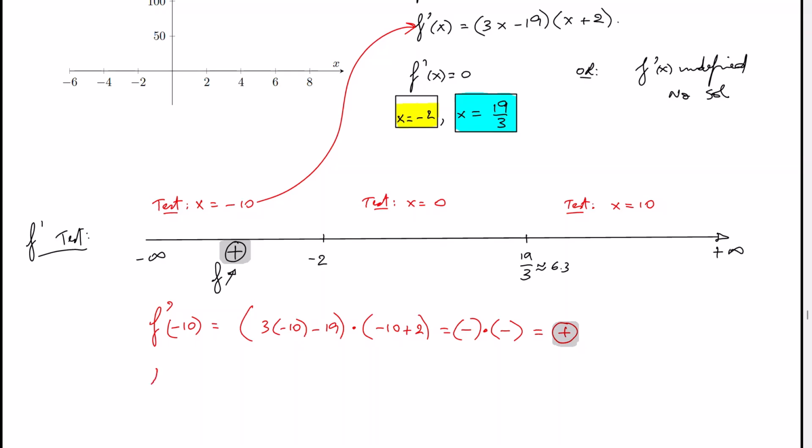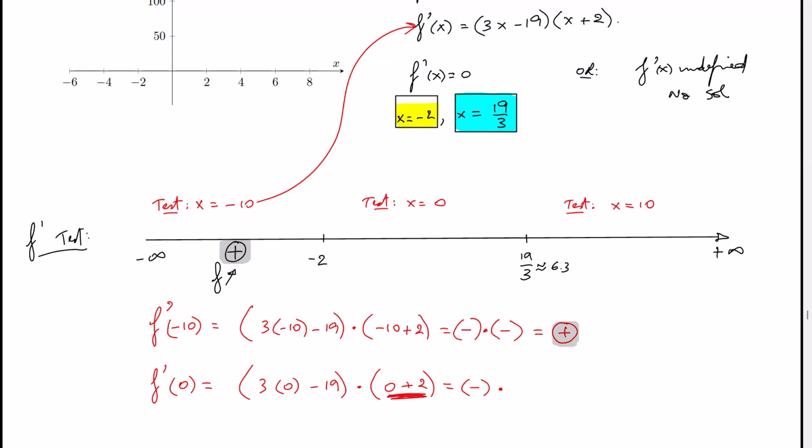If I plug 0 into the derivative, then I would get 3 times 0 minus 19 multiplied by 0 plus 2. And so 3 times 0 is going to be 0. 0 minus 19 is going to be a negative amount at the end, so -19. But I don't care about the negative, I just care that it's negative. I don't care about the 19.